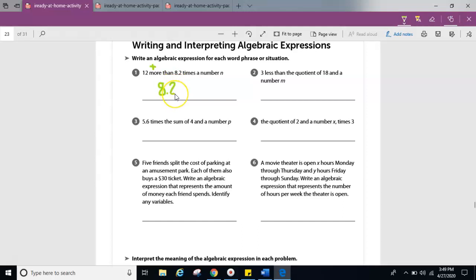And remember, when we have variables next to a number, we don't have to write the times symbol. It works just the same by putting the n right next to the number, because we know with it right next to each other, it means to multiply anyway. So 8.2 times n, with 12 more than that. So 12 more than whatever that would be.